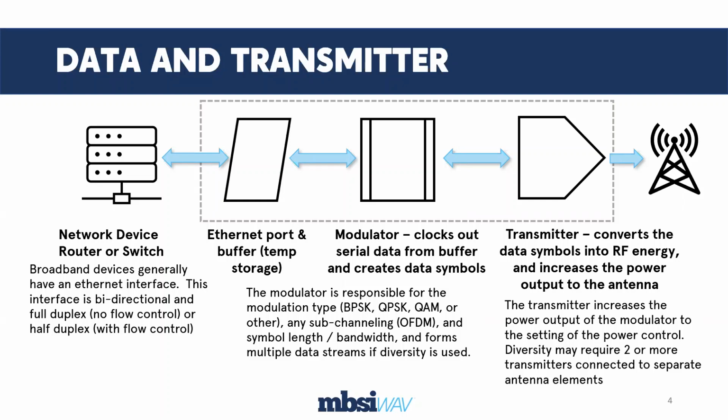The Ethernet port then takes and stores it, clocks it out to a modulator in a way that the modulator can handle, and the transmitter up converts it and amplifies it and sends it out to the antenna to be broadcast. This process, no matter what the device is, is essentially the same. There might be other steps in the way, but nonetheless, it's essentially this process every time data is transmitted.